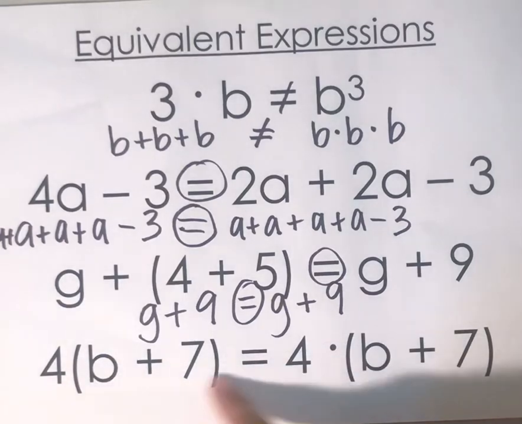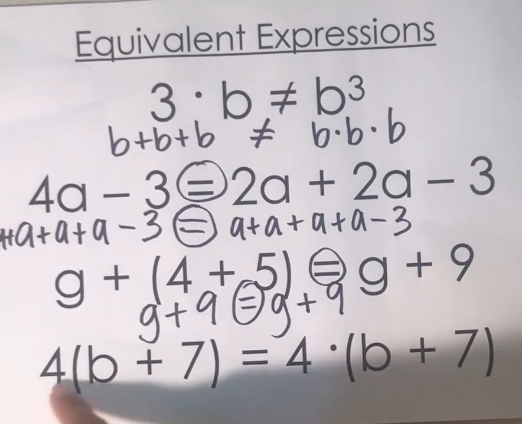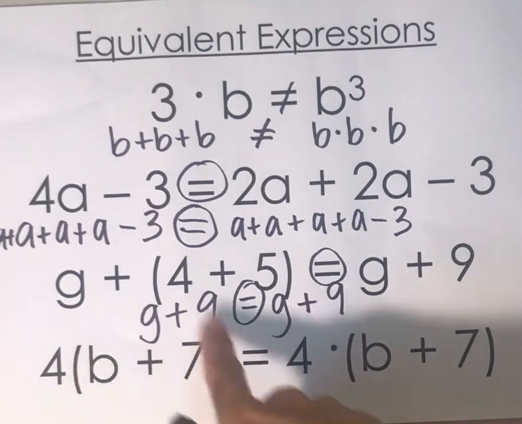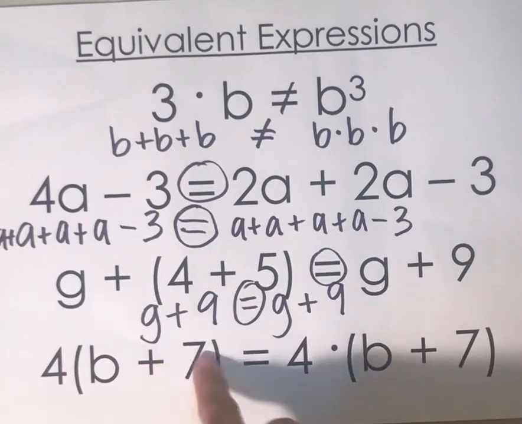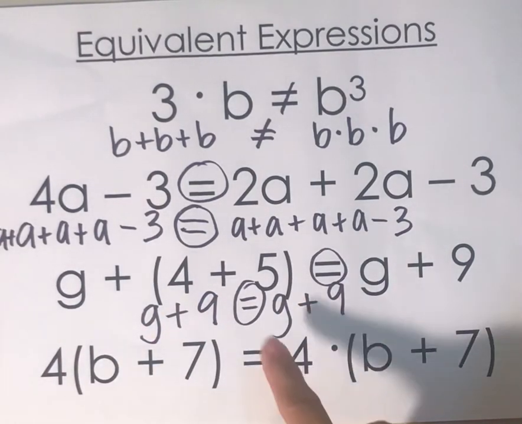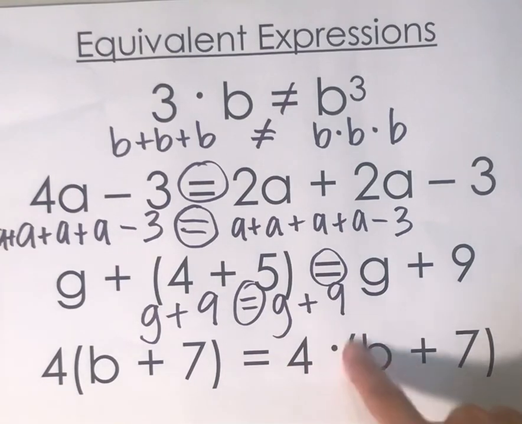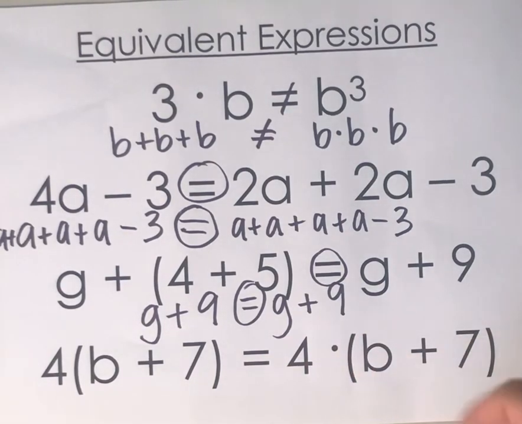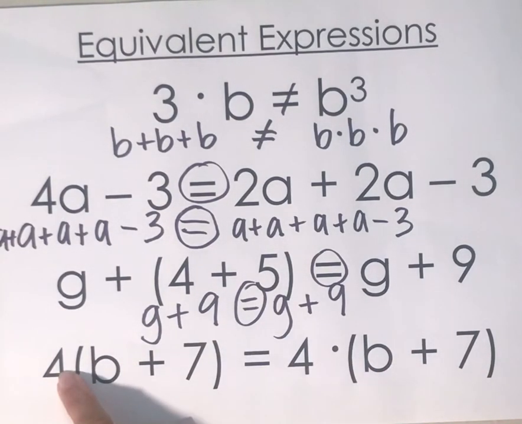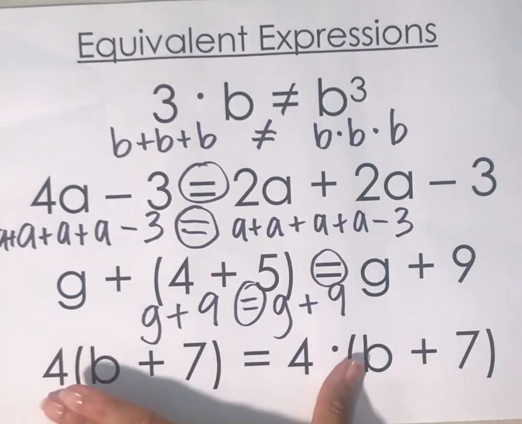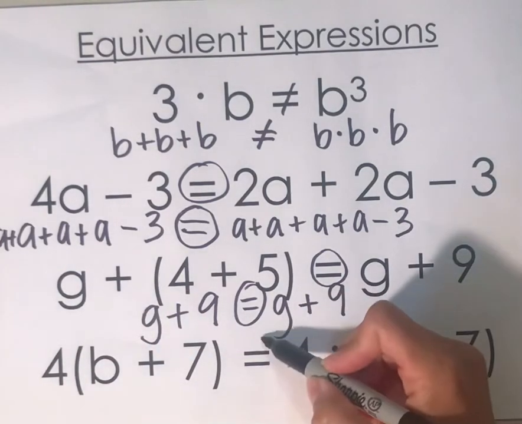Next down here, I have b, and then in parentheses, b plus 7. On this side, I have 4 times, in parentheses, b plus 7. So if we look here, I see the difference is this one has a dot, and this one does not. So these are going to be equal to each other.